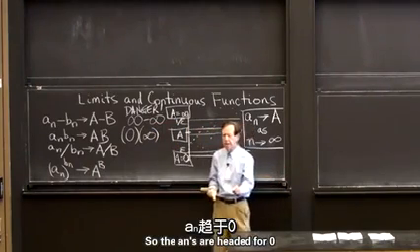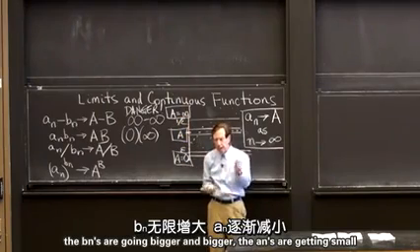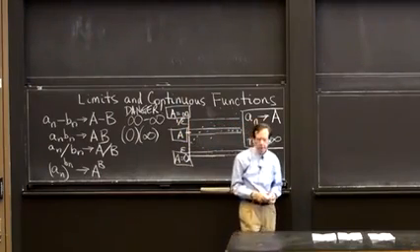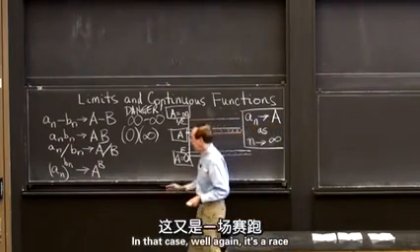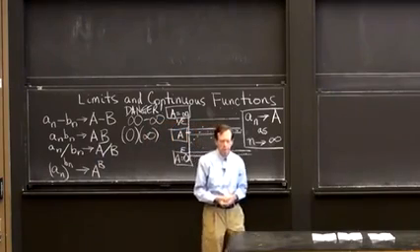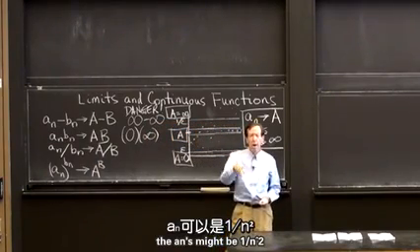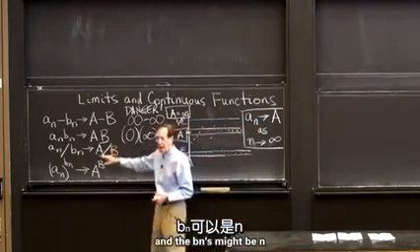So the a_n are headed for 0. The b_n are getting bigger and bigger. The a_n are getting small as we go far enough out. Okay, in that case, again, it's a race. The a_n might be 1 over n squared, and the b_n might be n.